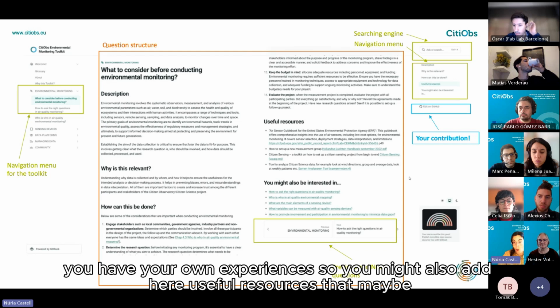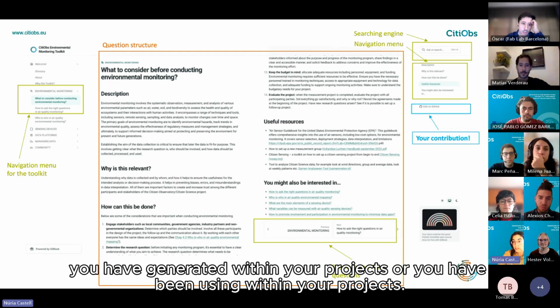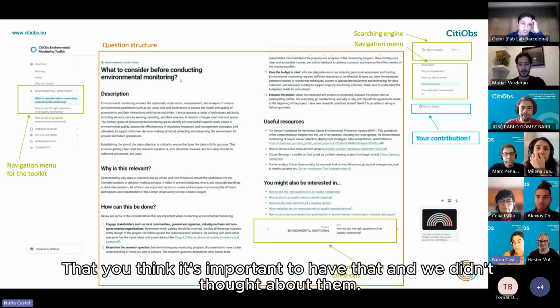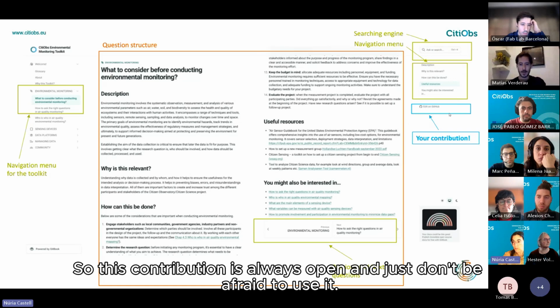So you might also add useful resources that maybe you have generated or have been using within your projects. Or you might also add another question that you think is important and that we didn't think about. So this contribution is always open, and just don't be afraid to use it.